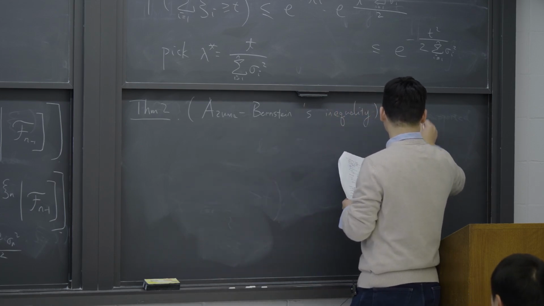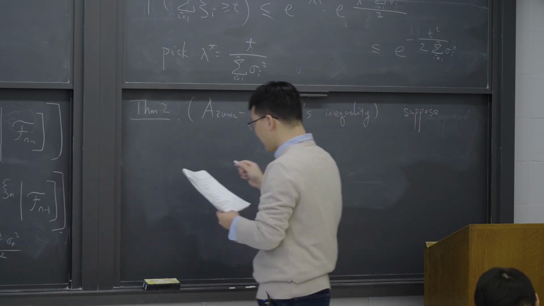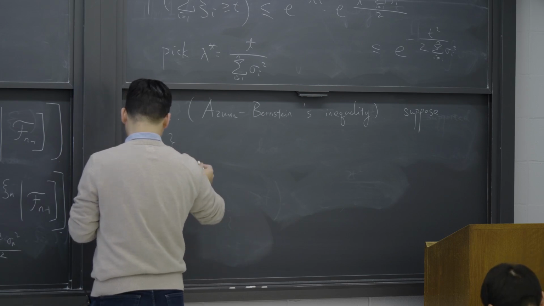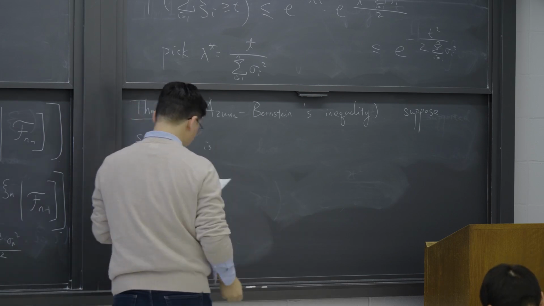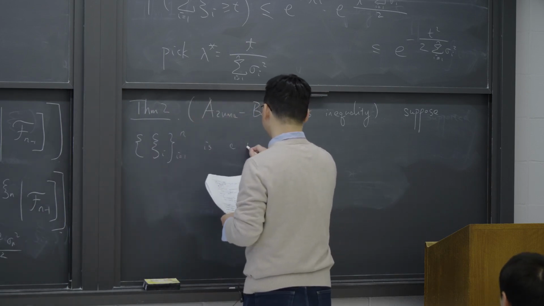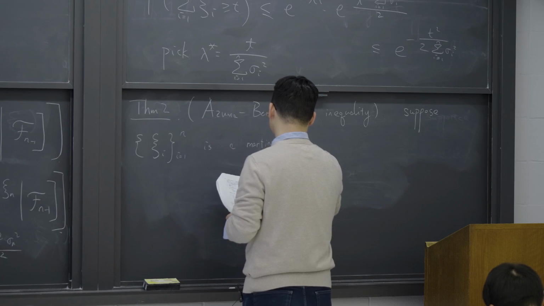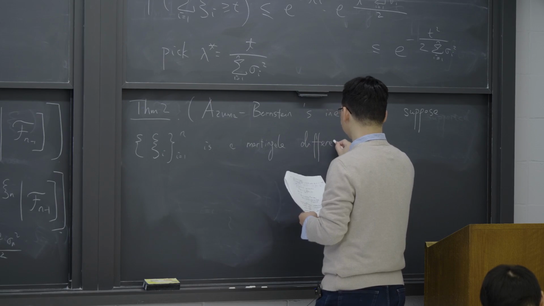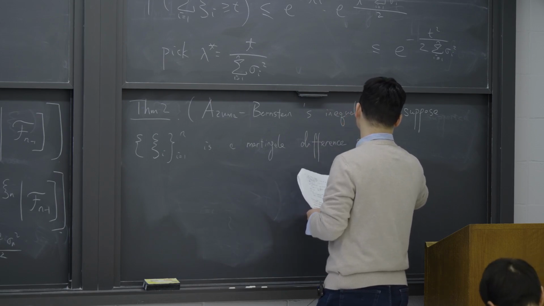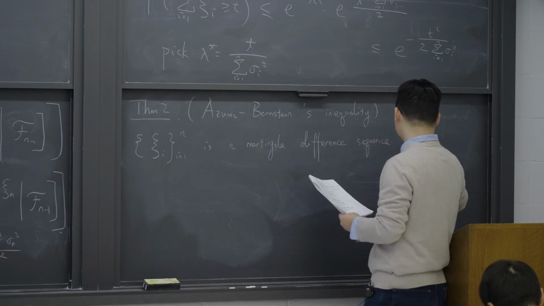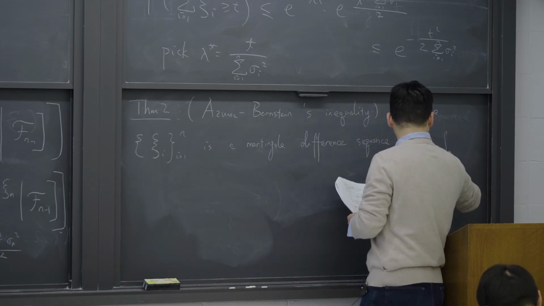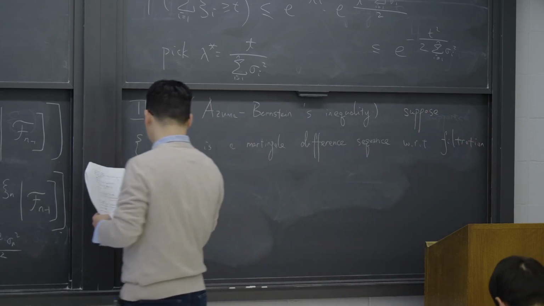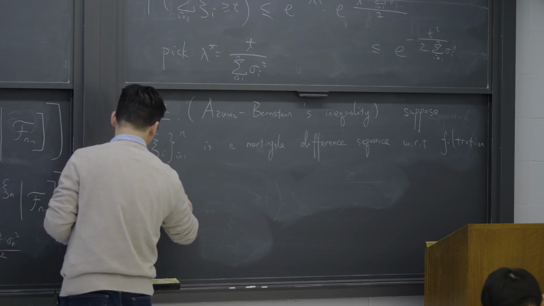we again suppose we have a martingale difference sequence with respect to the filtration F_i, i from 1 to n.